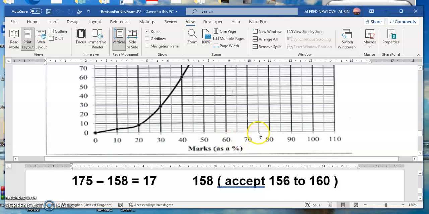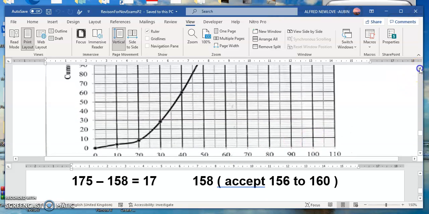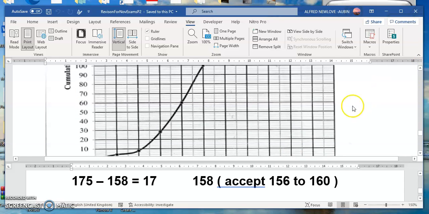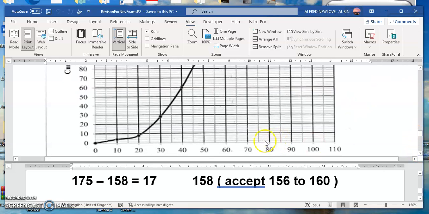So this is 75% because the marks is already in percentage. So 75%. Let's check the corresponding value for 75. That's the minimum. So let's check. 75 is this line. All right.